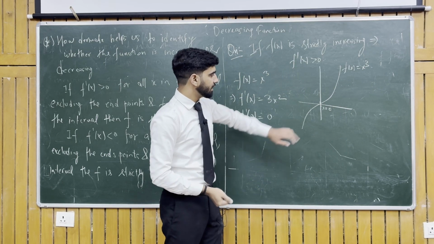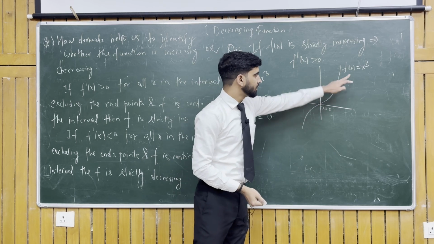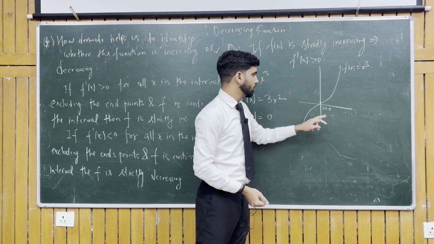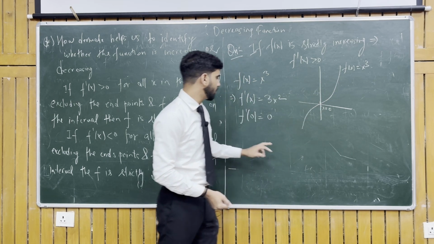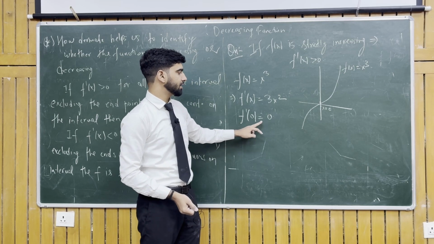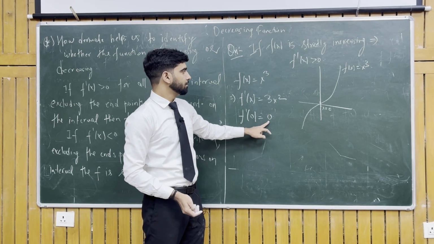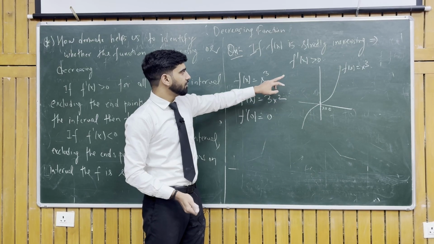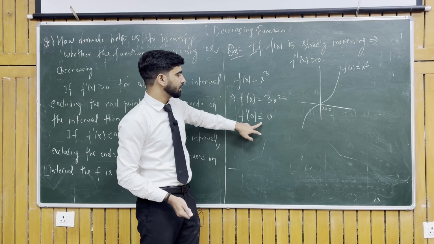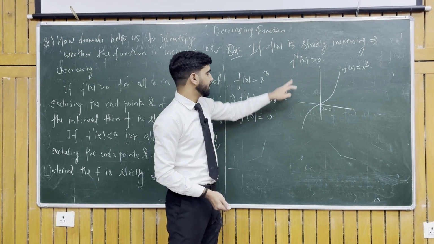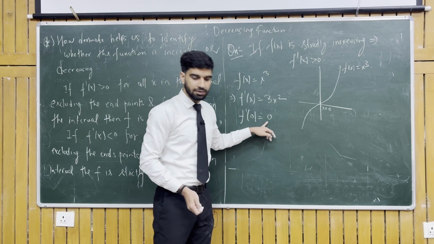From the graph, we can see that the function is increasing at the point x equals 0, but the derivative of the function at 0 is not greater than 0.